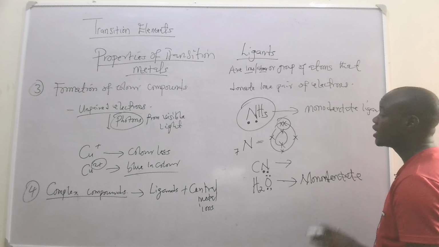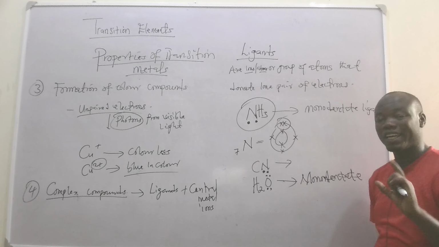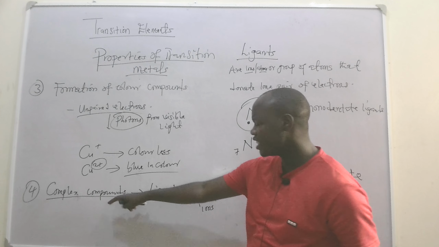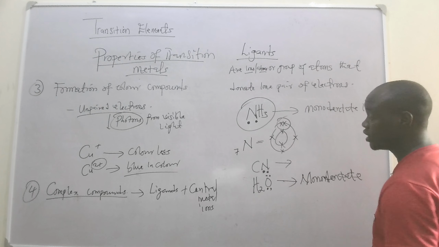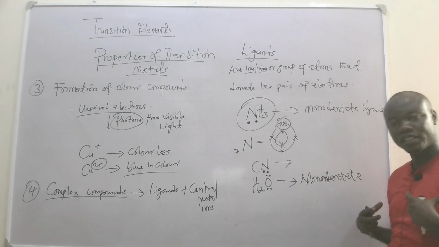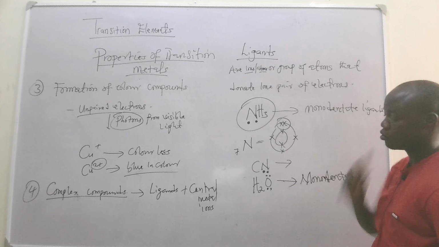Because I don't want to go deep into ligands here, I'm going to make another video for ligands. So now, the next thing is the central metal ion. A central metal ion is an ion that usually accepts a lone pair of electrons from the ligand.